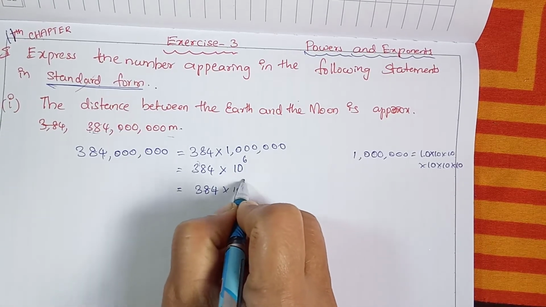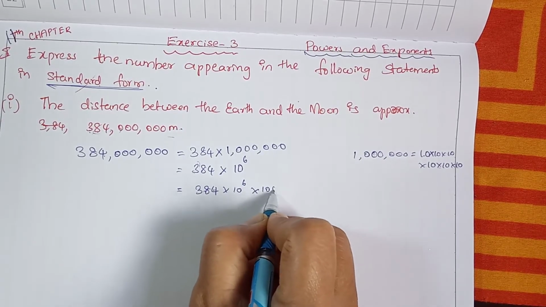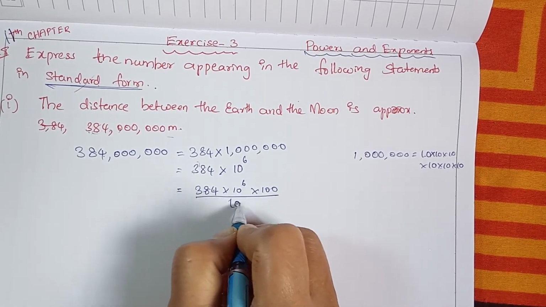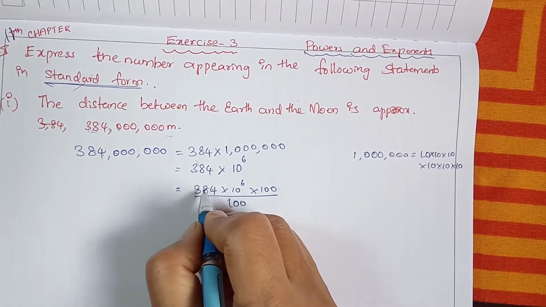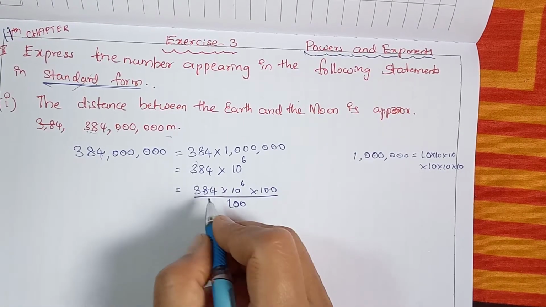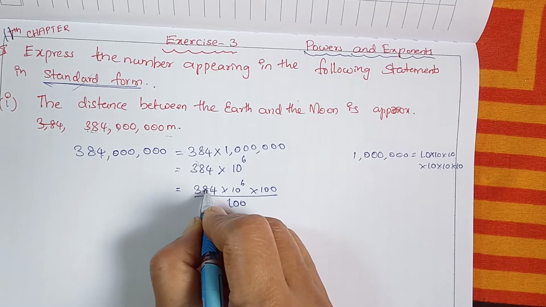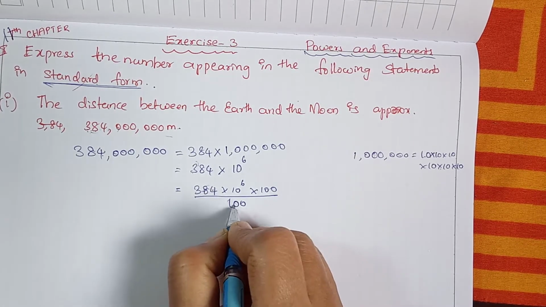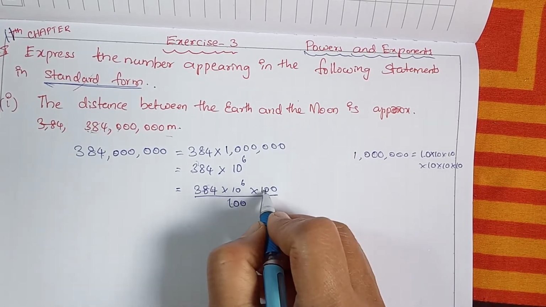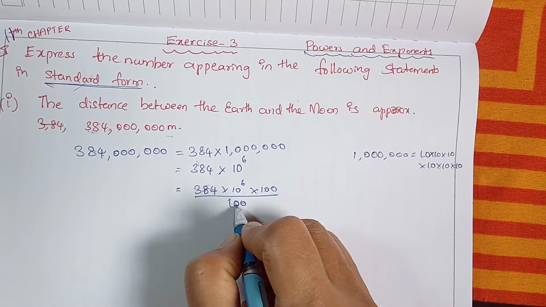So you have to multiply and divide by 100, because I have to convert into a single digit. How many zeros do I have to take? 2 zeros, which means 100. So multiply and divide by 100.